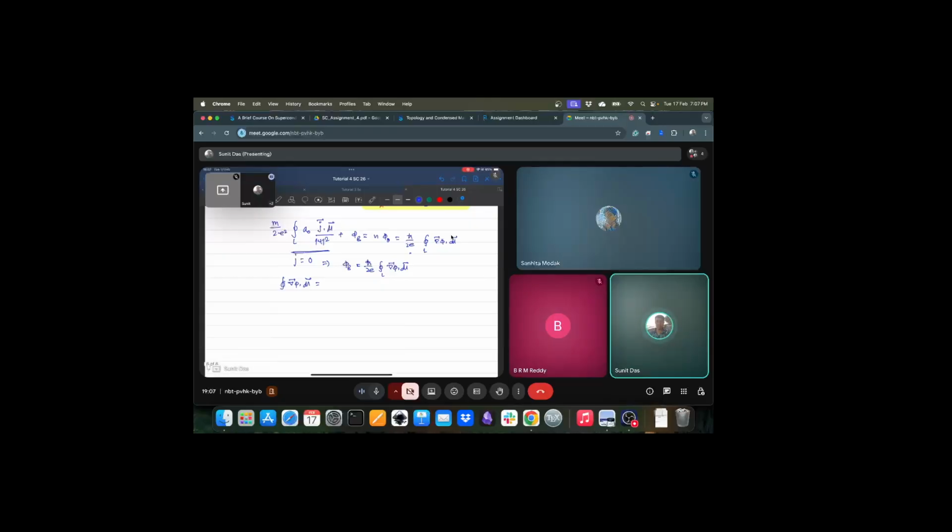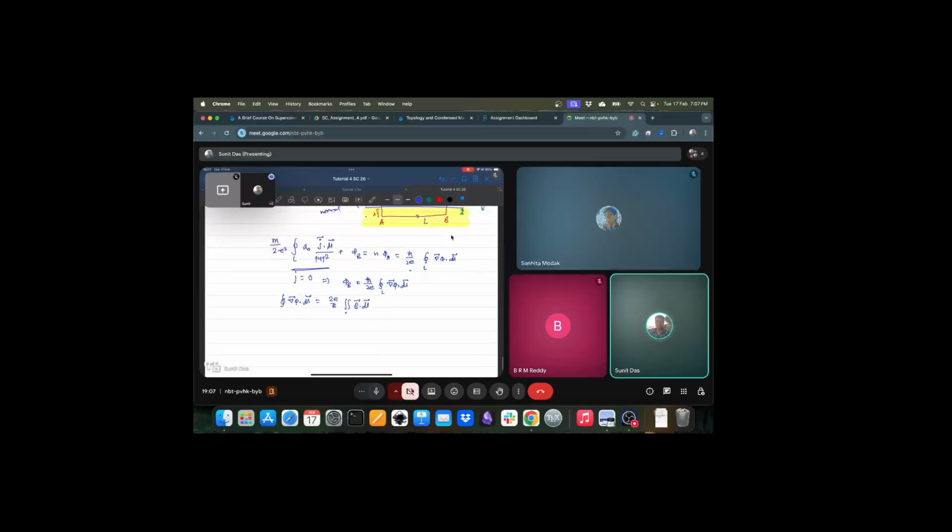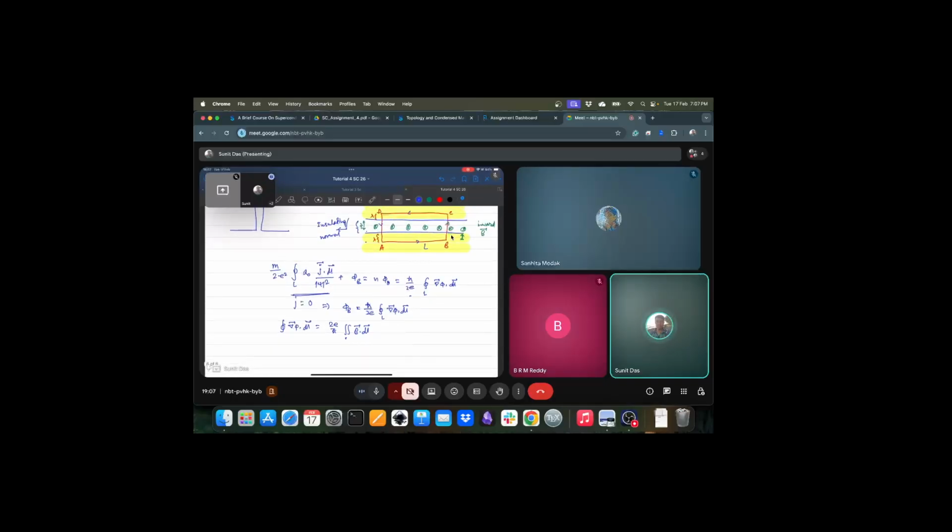So this we are rewriting as 2e by h bar, the surface integral over this closed loop, I mean the surface created by this ABCD loop.